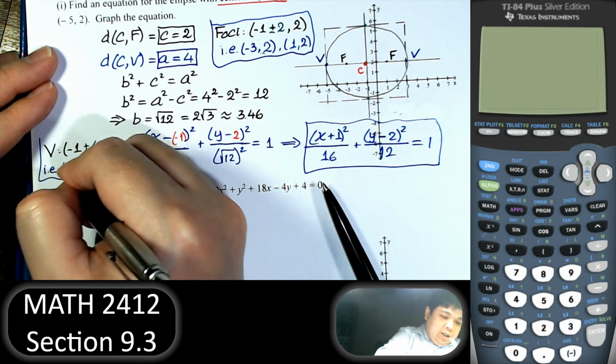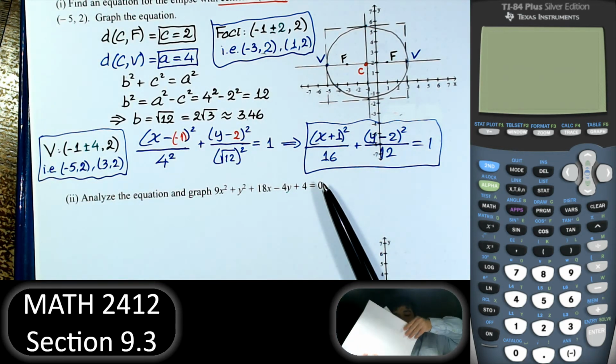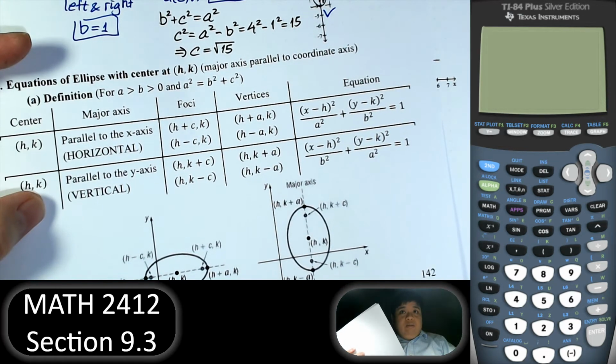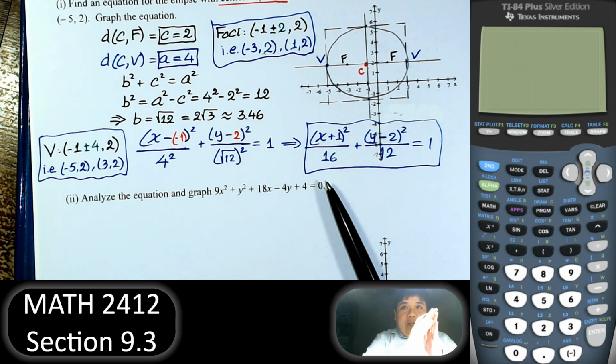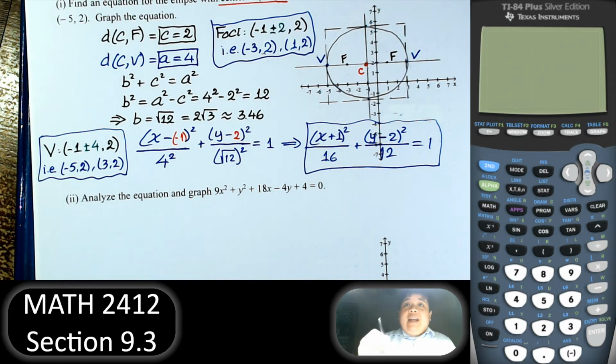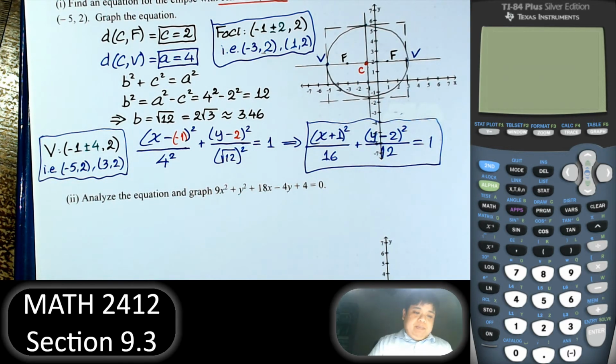Of course we can go to the equation, but I said we don't need to. From the center to the vertex, that distance is a. A to left, a to right, or up or down. And then from the center to the focus, left, right, or up, down, it's going to be c. And so that's what we have in this case.